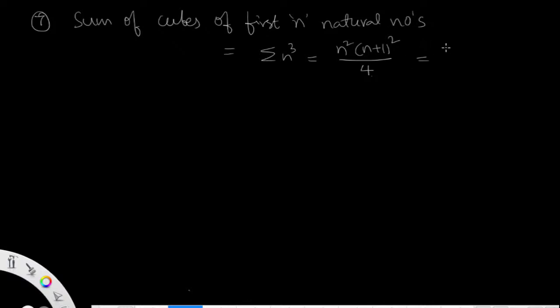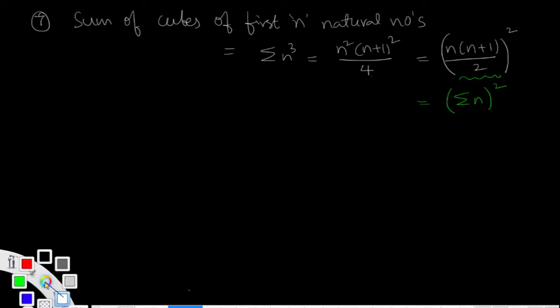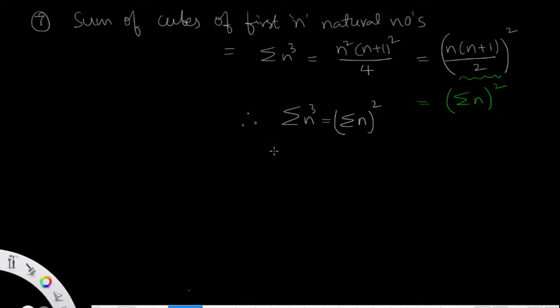So again we write it in the form n into n plus 1 by 2, whole square. Now this can be expressed as the sum of the first n natural numbers, that is sigma n, whole square. So the relation is sigma n cube equals sigma n whole square.